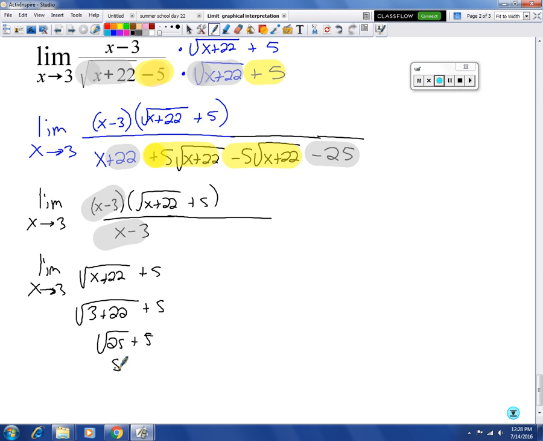We get a 5 plus 5. Our answer is 10. So that's how you do those kind of problems. Again, use what I call a conjugate, and the part of the fraction that's not the conjugate, don't multiply them out, because later on you have a term there that will cancel out. That's how you do it.